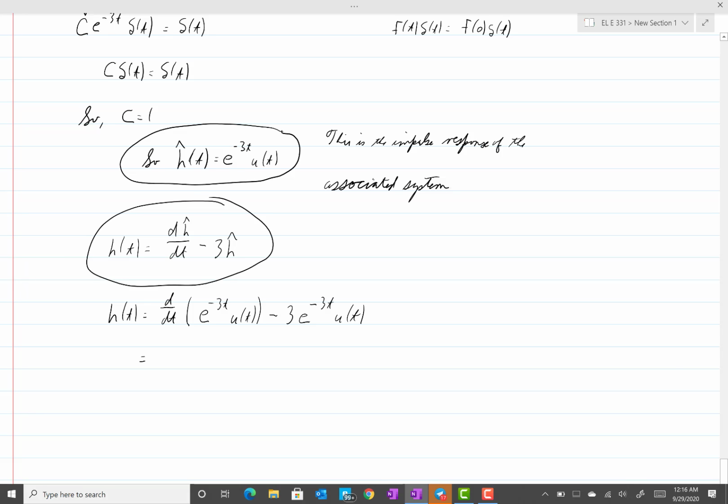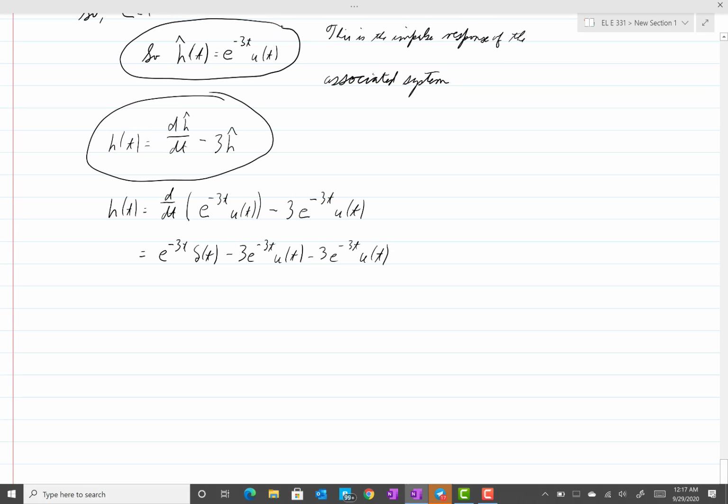And so this will give us what? Okay, we use the product rule. We'll have e to the minus 3t times delta of t minus 3e to the minus 3t u of t minus 3e to the minus 3t u of t.